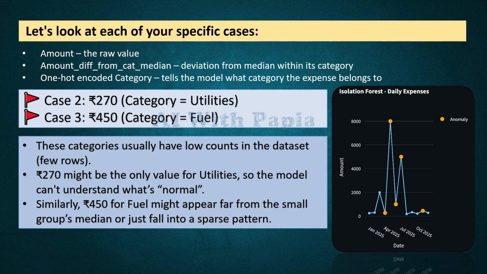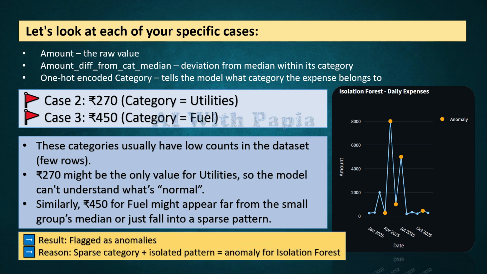Similarly, rupees 450 for fuel might appear far from the small group's median or just fall into the sparse pattern. You can see these two detected as anomalies on the right side for isolation forest. The result is flagged as anomalies, and the reasons are sparse category and isolated pattern.